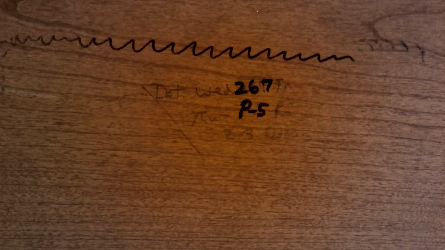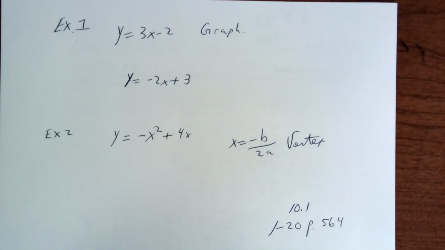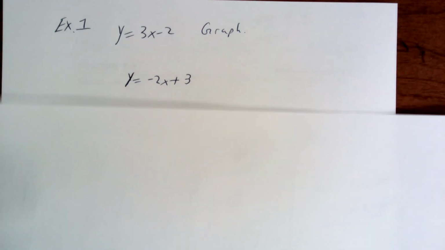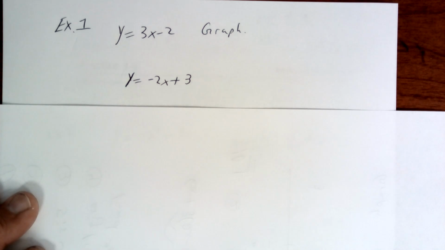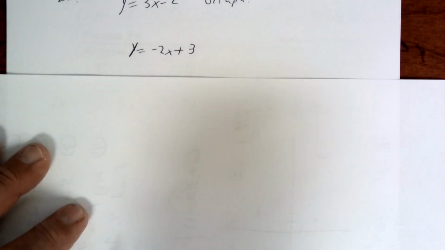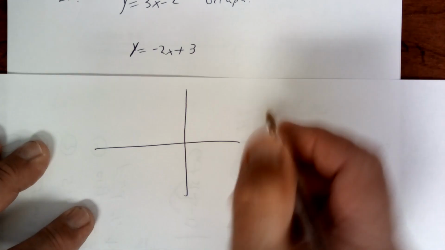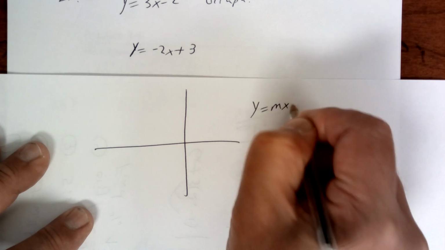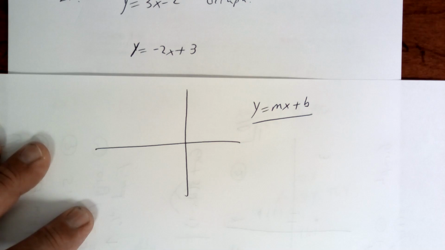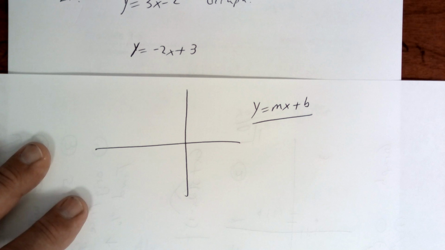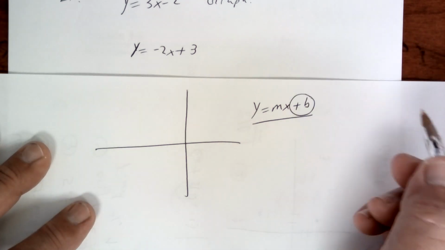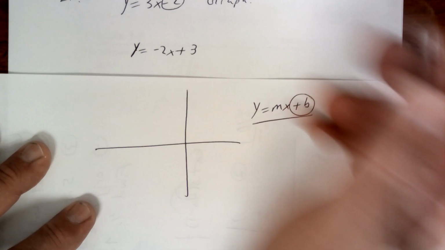We're going to learn how to graph some lines, so copy these two down. Okay, so to graph a line, you have y equals mx plus b. So that equation, this is your y-intercept. So here the y-intercept is negative 2. So go down 2.